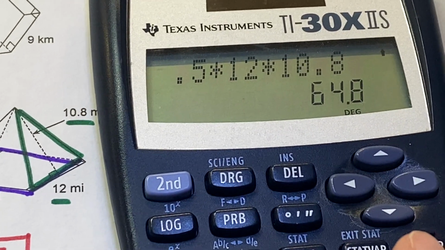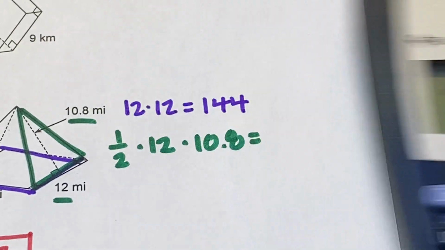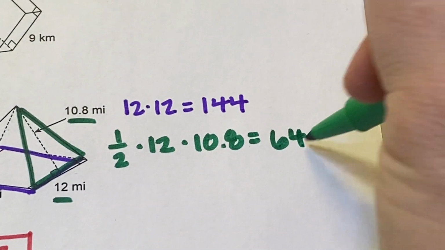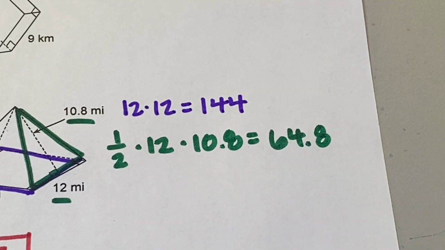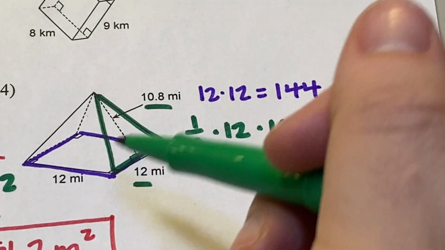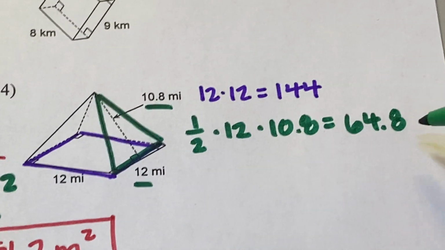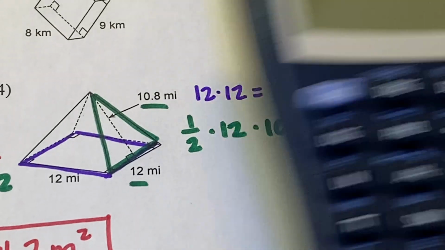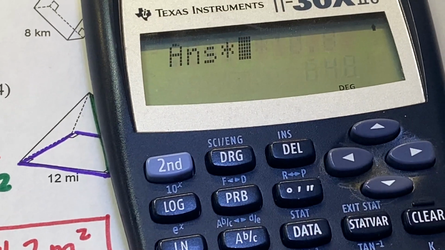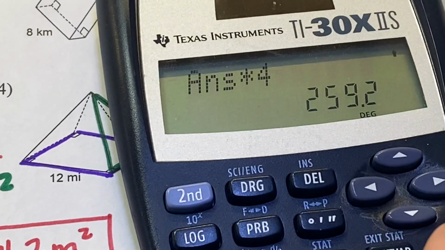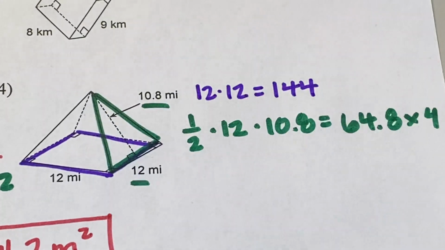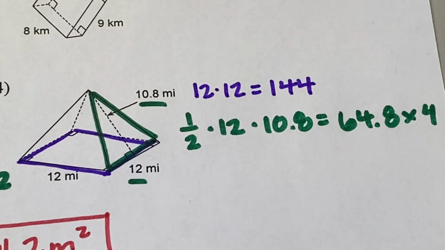For one of those triangles, it's 64.8. What do I need to multiply it by now? 4, because there are 4 sides. So we take 64.8 times 4, and I get my final surface area.